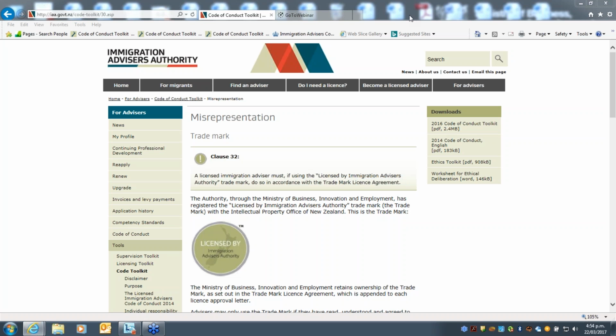We did look into it in quite some depth. Well, we did do it for a little while, and then we realised that it was a very complicated thing to do, that people provided different services, and it wasn't as straightforward as saying the average cost of a visitor visa is this, a work visa is this, and a residence visa is this. People provide different levels of services, different packages of services, and it was very difficult to identify what actually was standard.